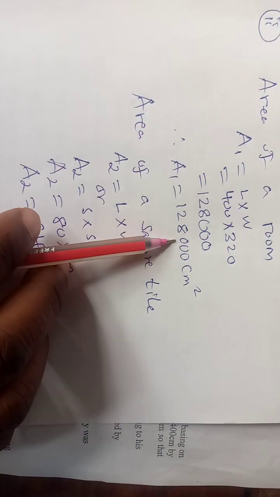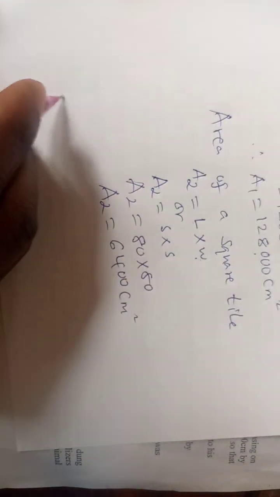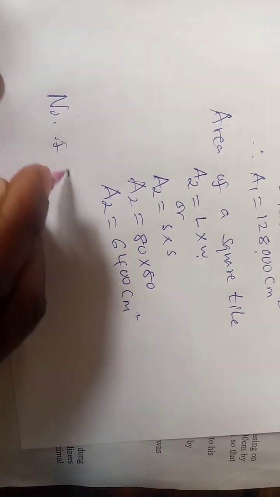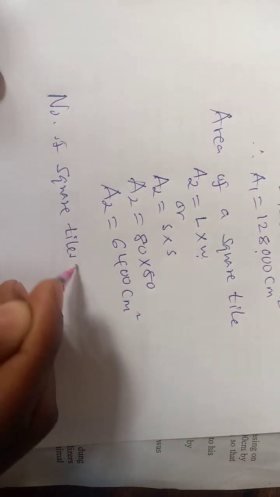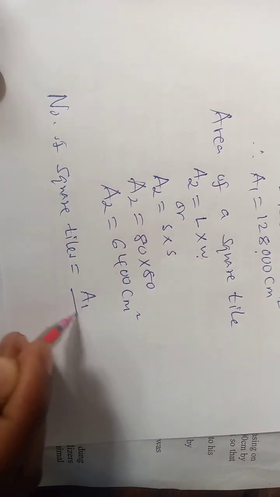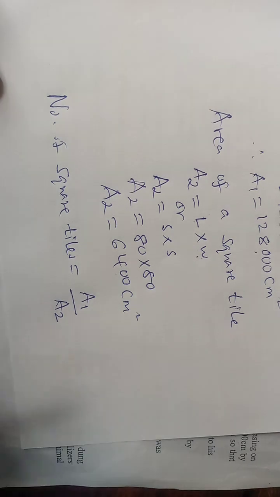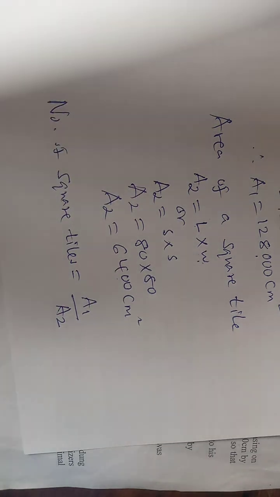Now how can you get the number of square tiles? It is simple. To get the number of square tiles, we take area 1 divided by area 2. We take the area of the room divided by the area of 1 square tile.